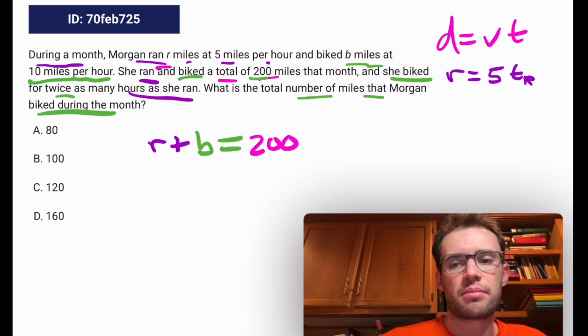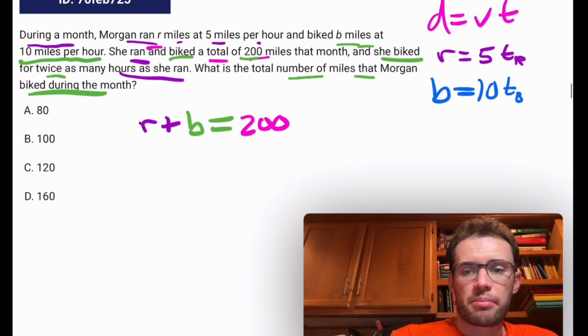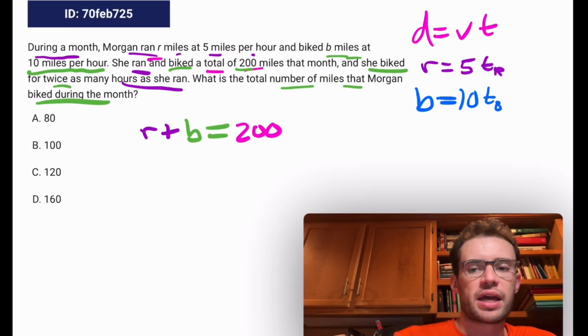For biking, B, the distance biking, is equal to 10, because it's 10 miles per hour is your velocity, times the time biking. So if we're comparing the time, she biked for twice as many hours as she ran. That means that the time is TB.